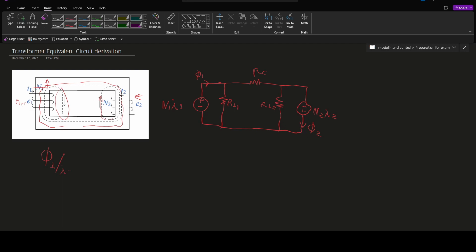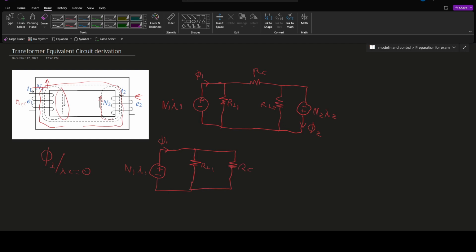We are going to find phi1 when I2 is equal to 0. So if we draw the equivalent circuit, we're still going to have N1 times I1, because the other source is the one we have put to 0. So here we have phi1, that is what we care about, and we are going to have the leakage reluctance produced by this coil, and the reluctance of the core.